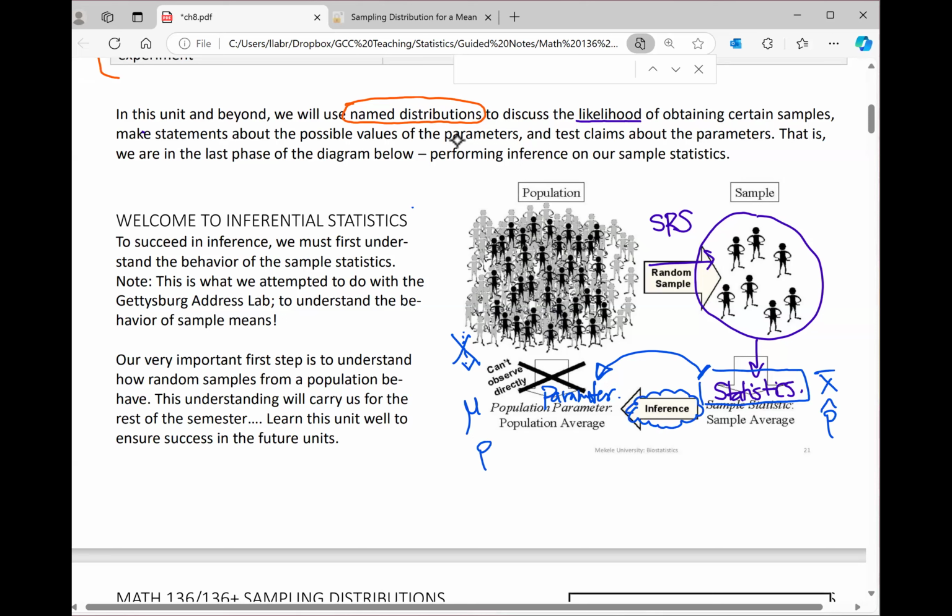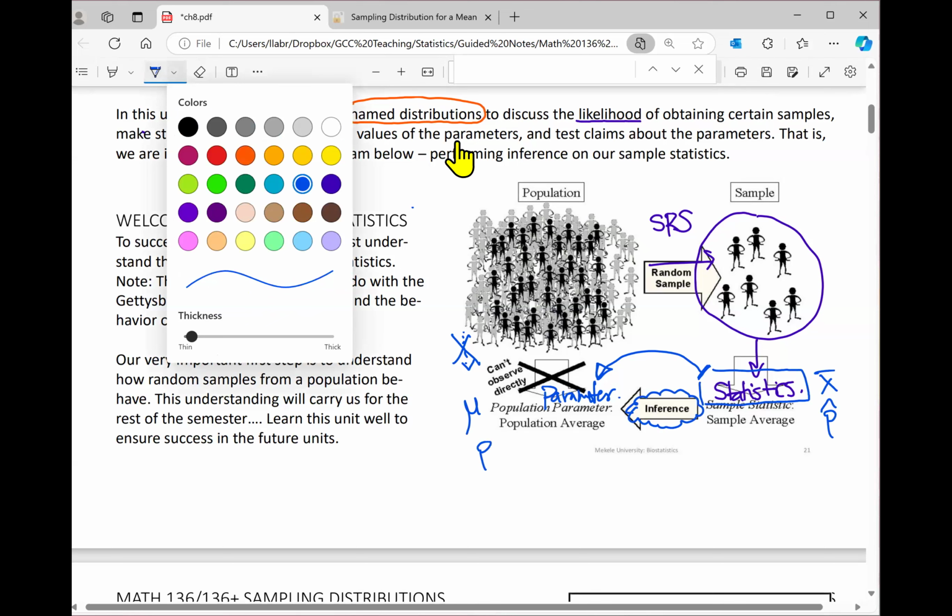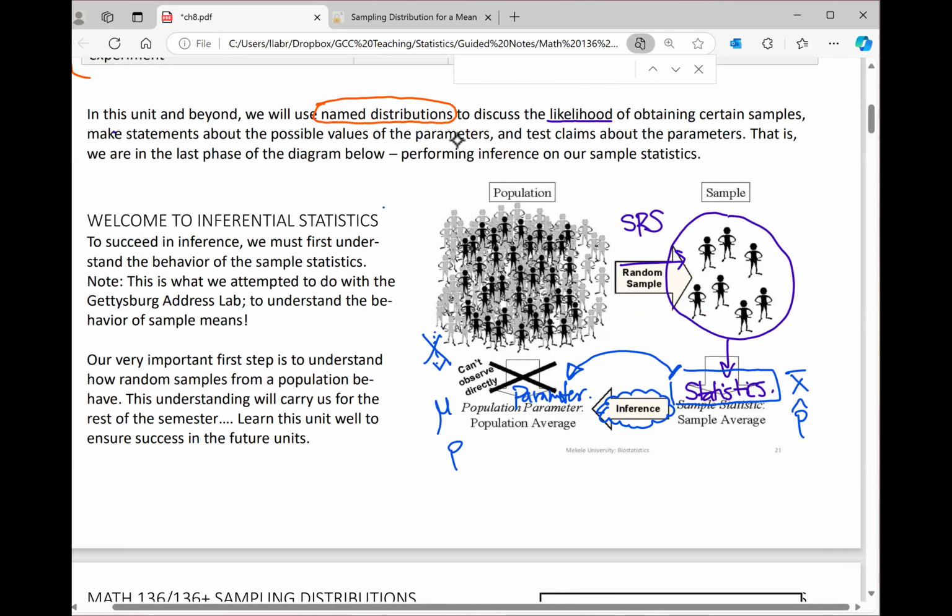So let me give you some ideas of what we're going to compute. Something I can ask is, given the sample statistic, so think of either one of these, X bar or P hat, we're going to be able to answer questions like, number one, what do we believe is the population parameter?